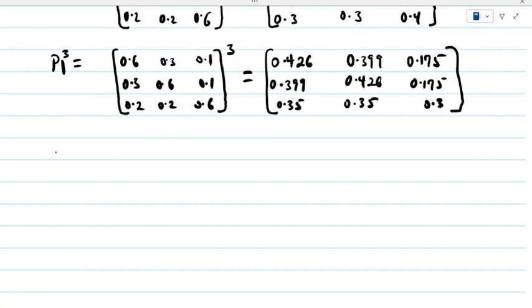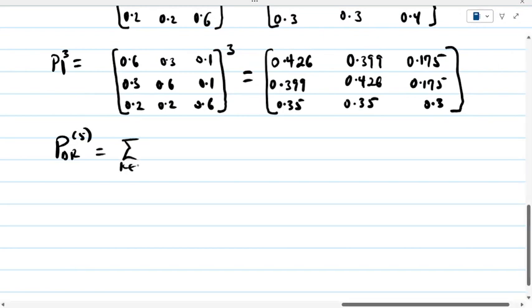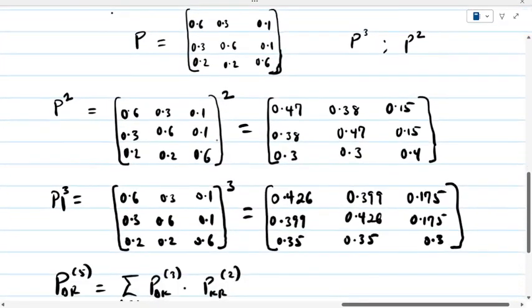We have probability of moving from D to R over 5 steps is given as probability of moving from D to K over 3 steps times probability of moving from K to R over 2 steps. Correct. Okay.